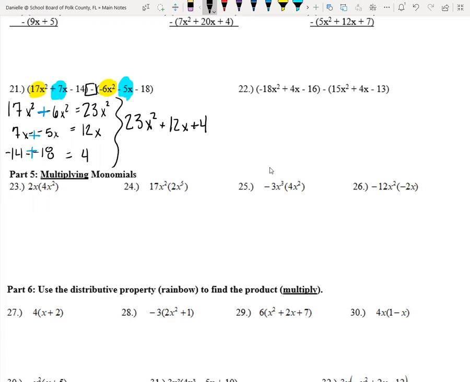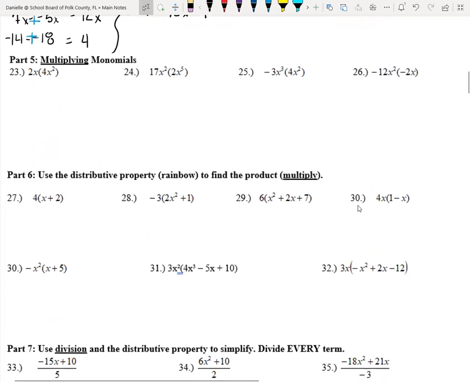Multiplying with monomials and polynomials, we are going to multiply our constants together. So we will have 2 times 4. And then we are going to write our exponents added together. So x to the 1 exponent plus 2 exponent, and we end up with 8x to the 3rd.